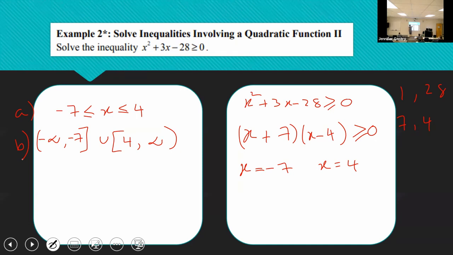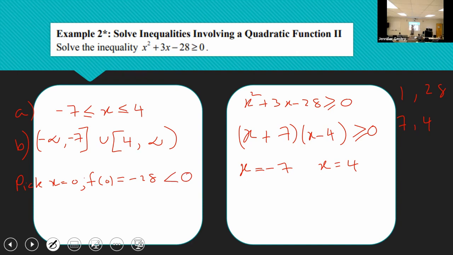What is my f of x if x equals 0? 0 plus 0 minus 28. Is that positive? No. That means A is out of the picture. It was B.